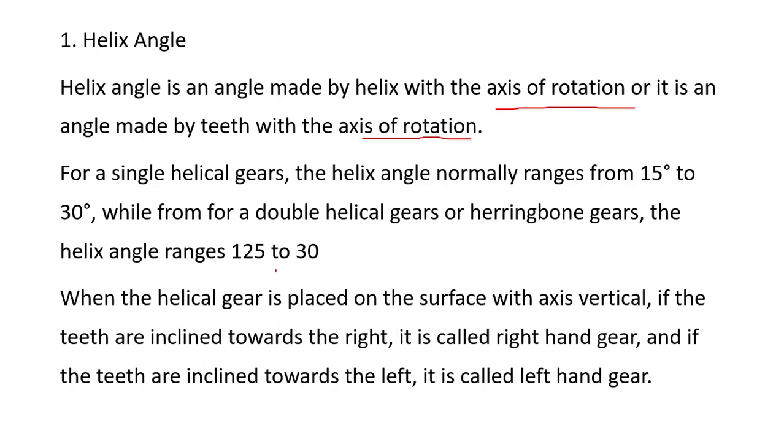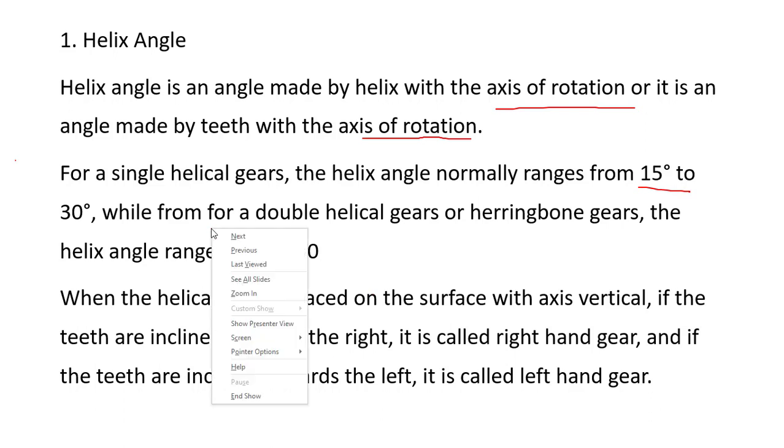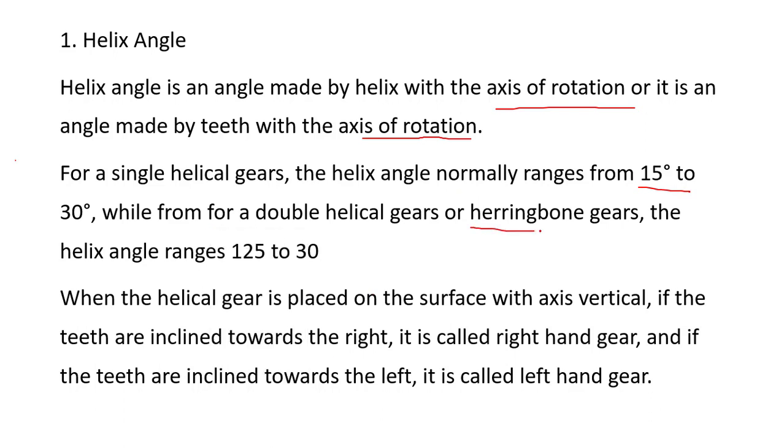Generally, for single helical gear, the helix angle is 15 degrees to 30 degrees, while double helical gear or herringbone gear is generally used to reduce the axial thrust.